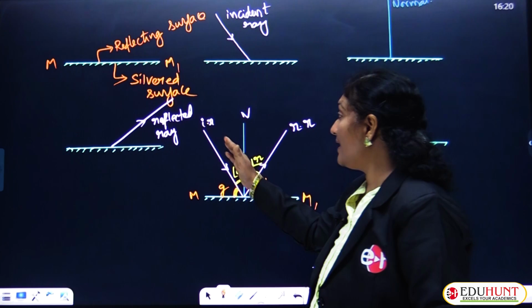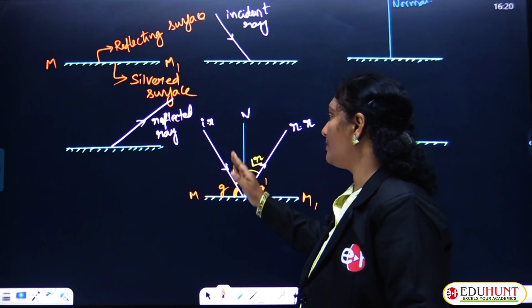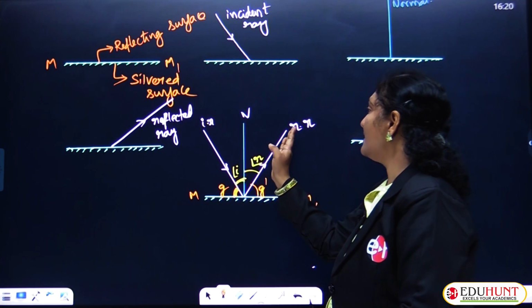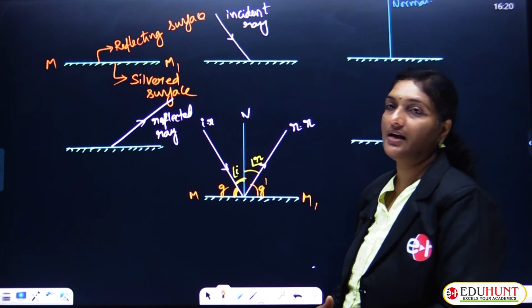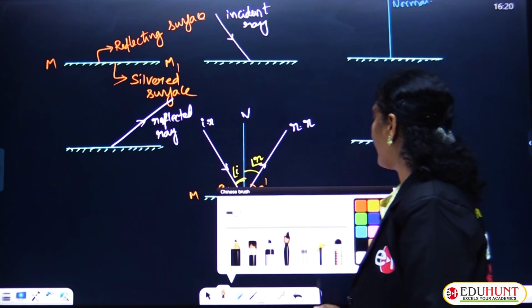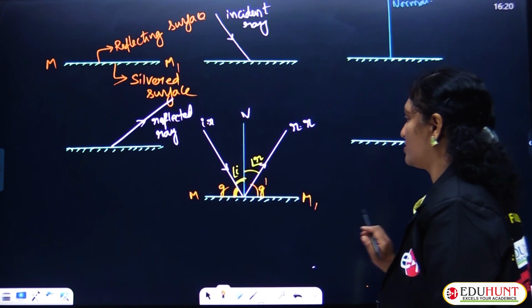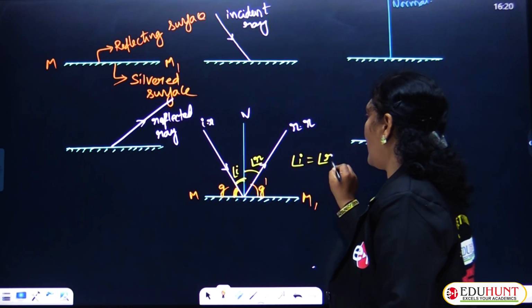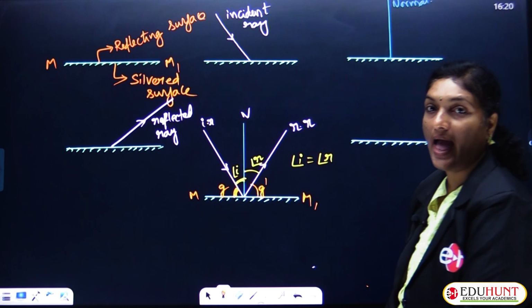The angle made by the incident ray with the normal drawn to that is called the angle of incidence, and the angle made by the reflected ray with the normal drawn to that is called your angle of reflection. And always remember that according to the first law, angle I must be equal to angle R.